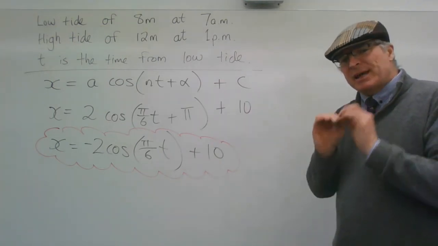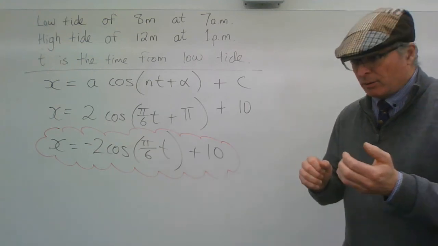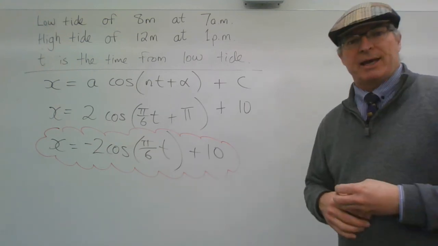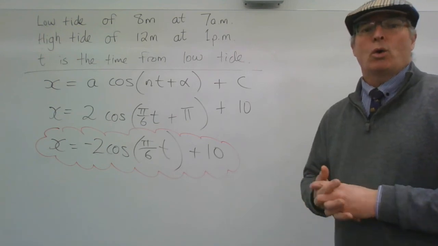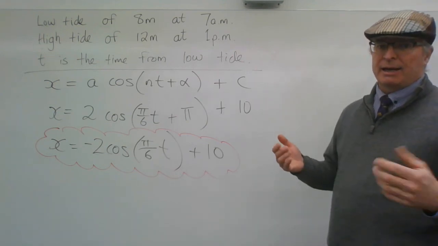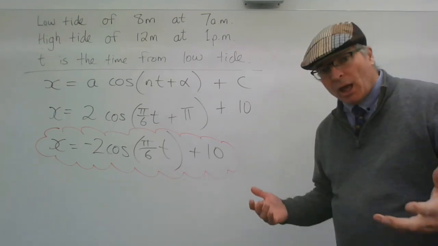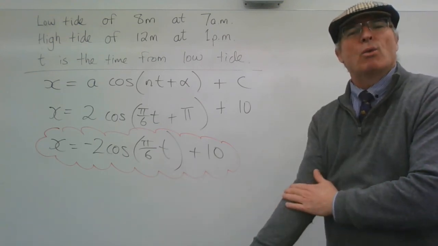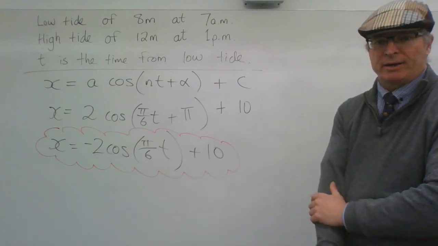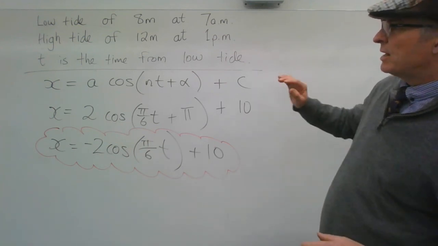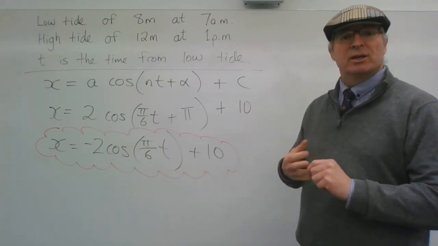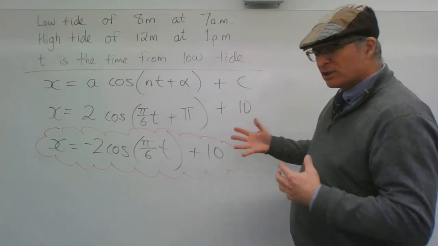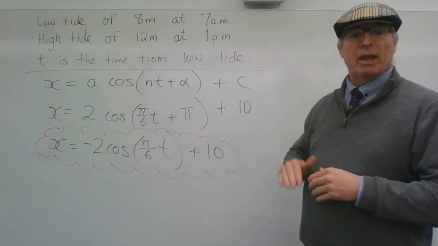So you need to sometimes read questions carefully and see whether it wants the first time that it's a certain depth, or the first time after the evening that it's a certain depth. So you know which value you need to actually find. But that's for a later question. Today's video was just setting up an equation from a question to do with simple harmonic motion.